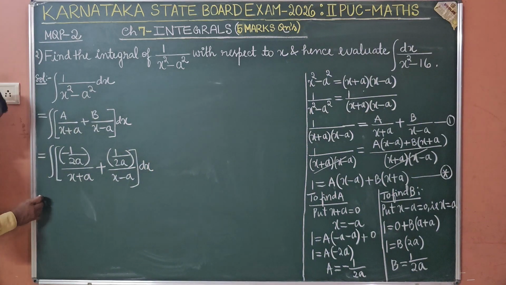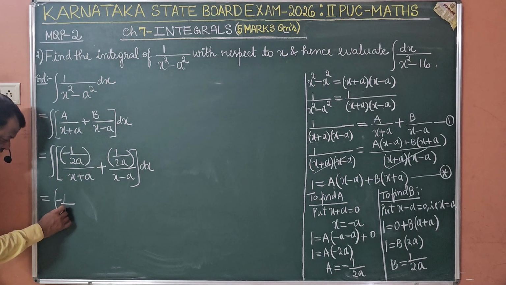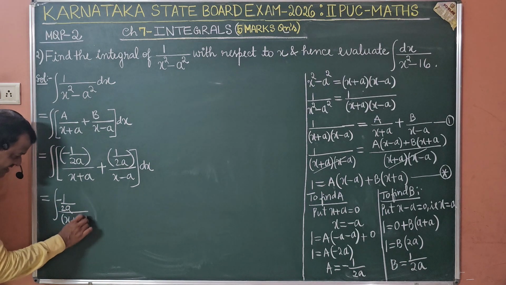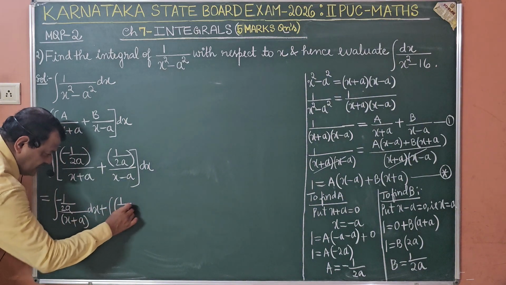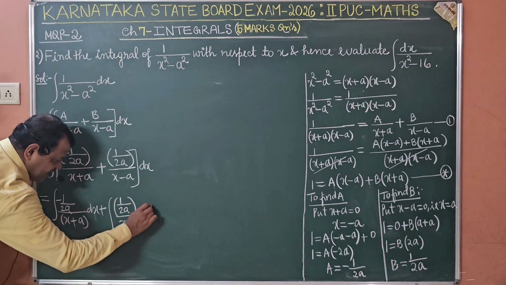Now I will split this. This is the integral of minus 1 by 2a divided by x plus a dx. This is plus the integral of 1 by 2a by x minus a dx.